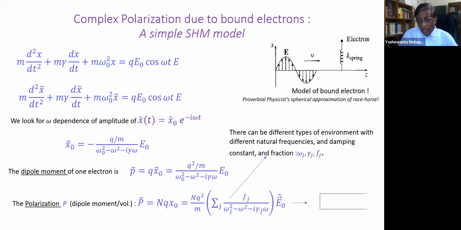Okay, so I can write down, just like before, a complex susceptibility now. The complex polarization is a complex magnitude of electric field in terms of the complex electric susceptibility, because of the dissipation.